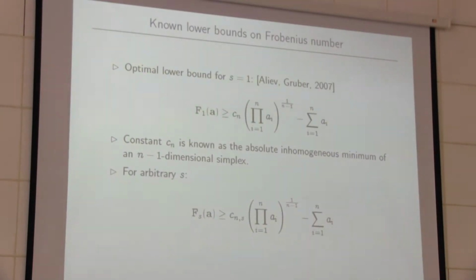So very recently, jointly with Martin Henk and Linke, we generalized this bound. We proved that in the general case, a very similar bound holds. You just need to replace the constant Cn by a new general constant associated with the simplex. And I can also show that this bound is optimal.